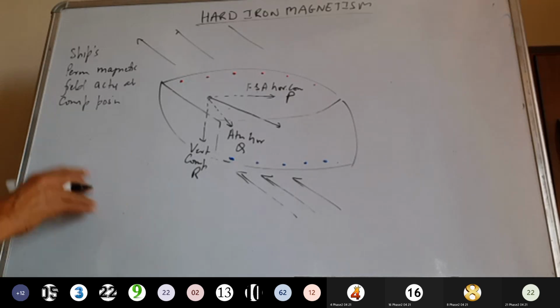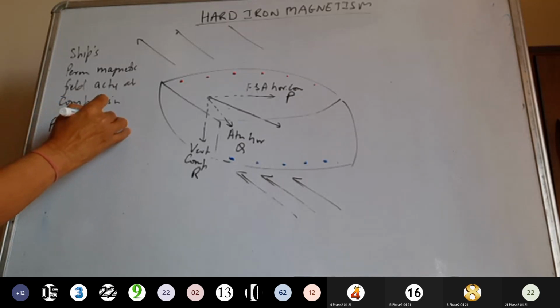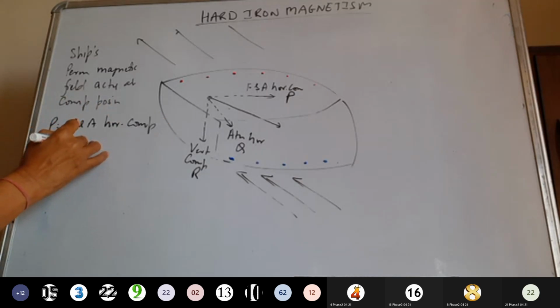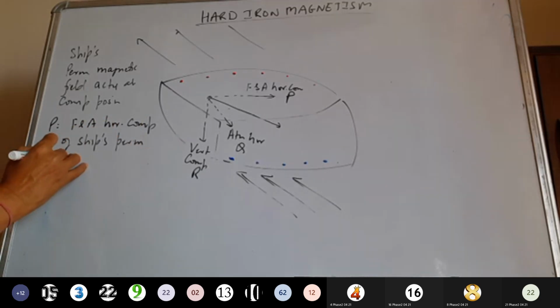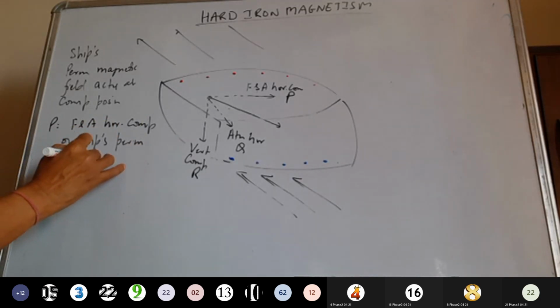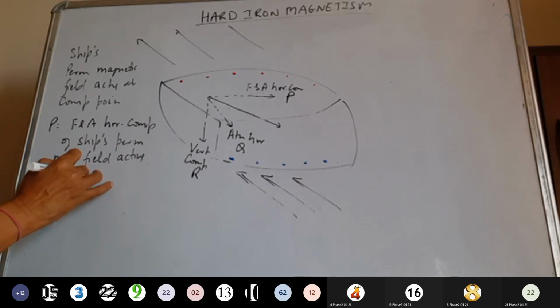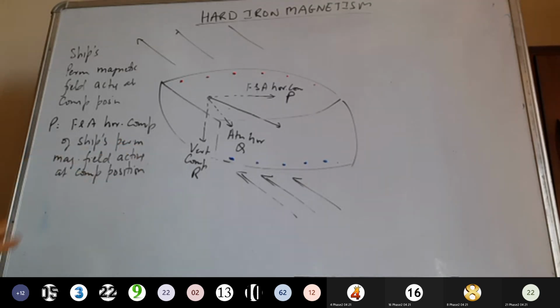So what is force P? Force P is the fore and aft horizontal component of ship's permanent magnetic field acting at the compass position.